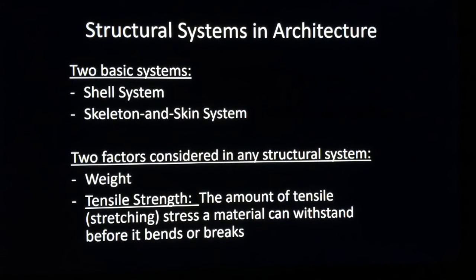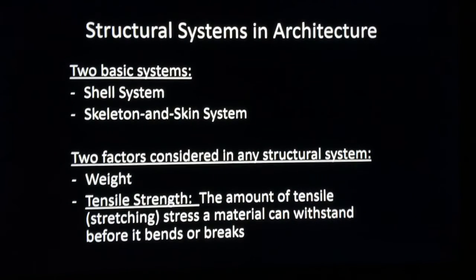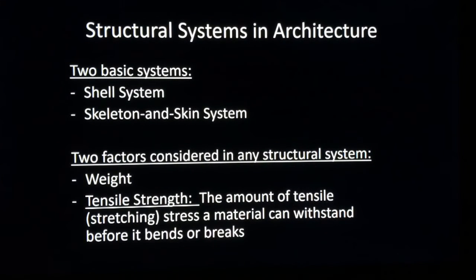So moving into chapter 13, we just finished this. The lecture is up on Canvas now, but we split our architectural forms into two different basic systems. The shell system, using one material, and the skeleton and skin system, where we had two materials, one for structure and one for a sheath or a skin on the outside of them.